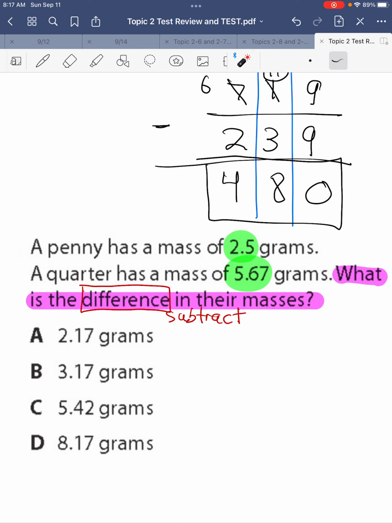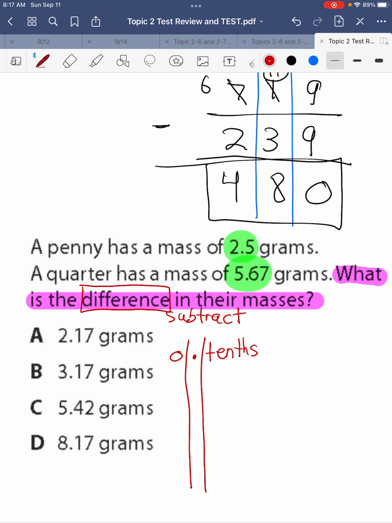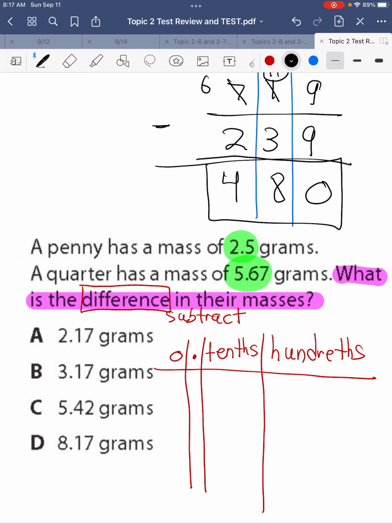So when I subtract, I need to make my PVC chart. My decimals go up to the ones place. So I have my ones, decimal, then I have my tenths, and then I have my hundredths. When I'm subtracting, the biggest decimal goes on top.